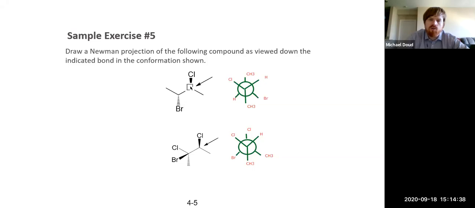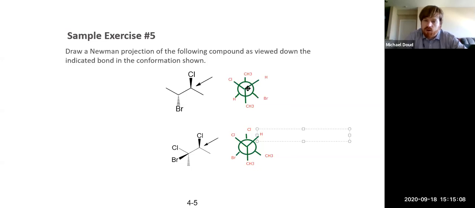Whereas this chlorine here is actually sticking out of the screen. So if we rotate ourselves around now, we're looking at it from this angle, that's coming out, and it looks like it's to our left. So sure enough, the methyl group we write on the bottom of the front carbon, and the chlorine we're going to write on the top left, like this. And then the only thing that's remaining is the hydrogen. That must be on the last remaining spot, which is here on this side.